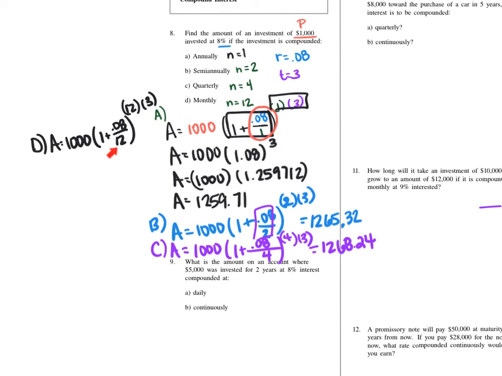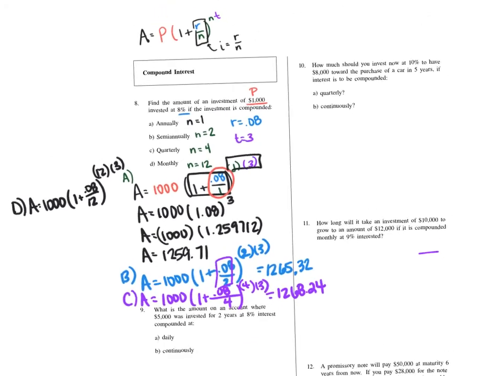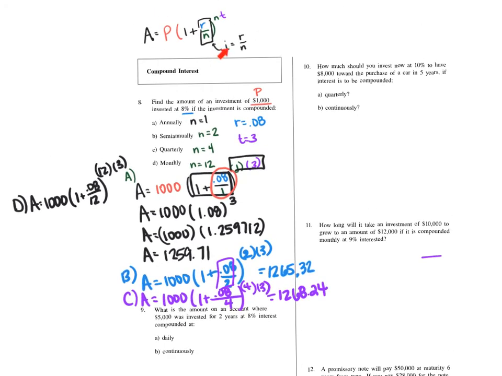The thing I want you to look at is this 0.08 divided by 12, which you may see referred to as i, the periodic compound rate. Your periodic rate is actually decreasing. This number inside of here is getting very small, but you're raising it to a higher power. So that's why your money is growing, but it's not growing a whole lot.